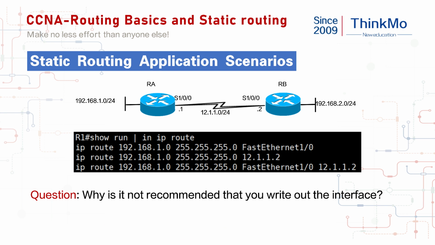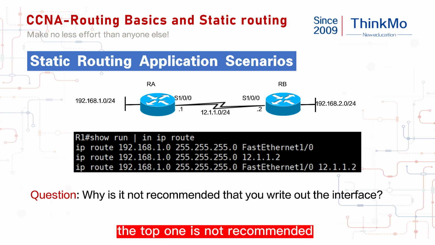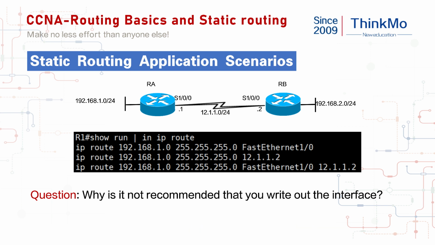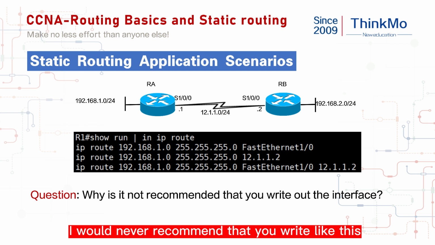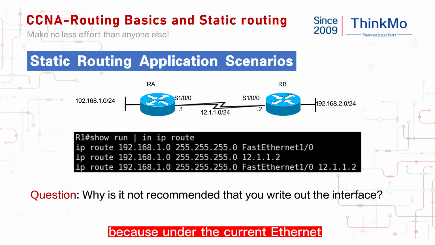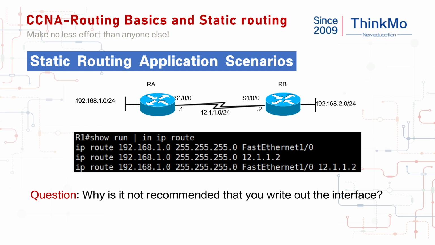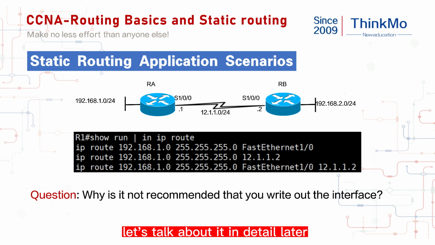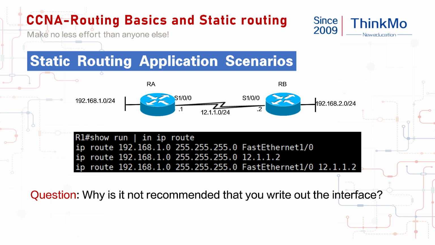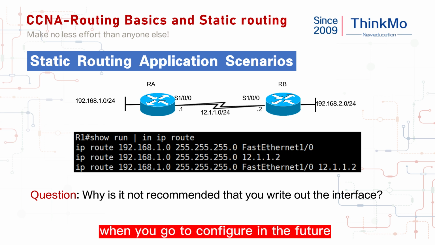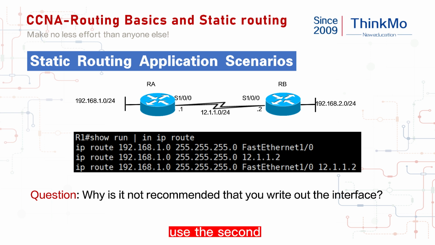Okay. What is the difference between them? First, the first one is not recommended. I would never recommend that you write like this, because under the current Ethernet, it will have some problems. What is the specific problem? Let's talk about it in detail later. The second method is the one we use the most. When you go to configure in the future, use the second.